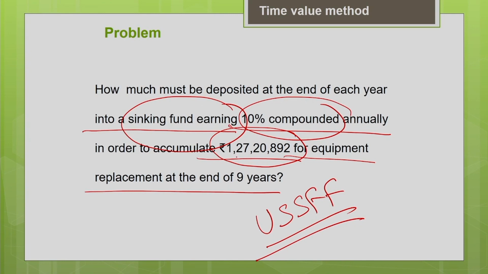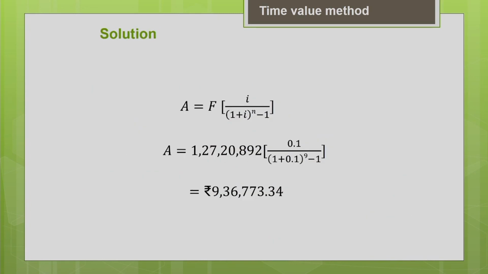The future value F is known, and you need to know A: every year, what should I deposit into the sinking fund. Using this compounding factor, the uniform series sinking fund factor, I can estimate that. A is unknown; F, i, and n are known.